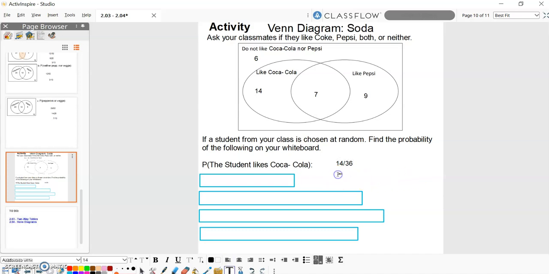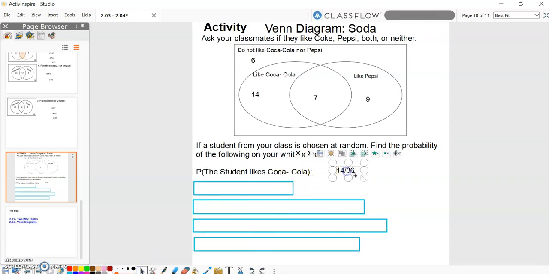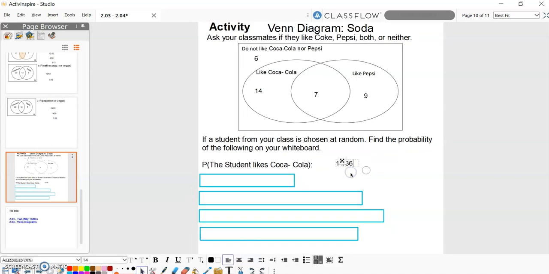I'm going to do something different this time because we have space issues in here. Equals 7 over 18. And that will be our answer right there.